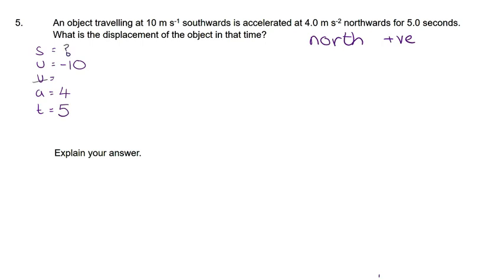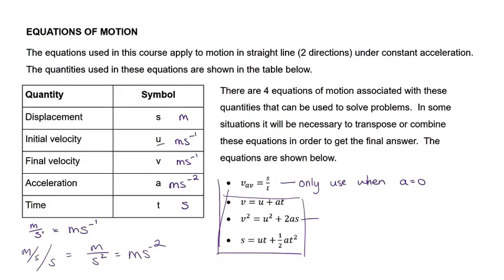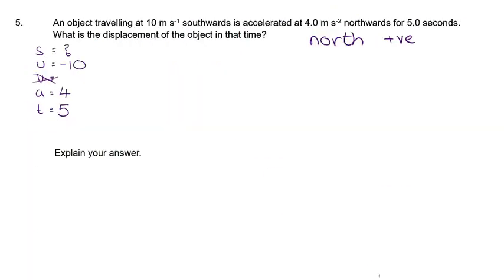We're not interested in V this time. So what equation do I have that does not have V in it? Well, it's the last one. S equals ut plus half at squared. So we write that down. S equals ut plus half at squared and substitute in our variables again.